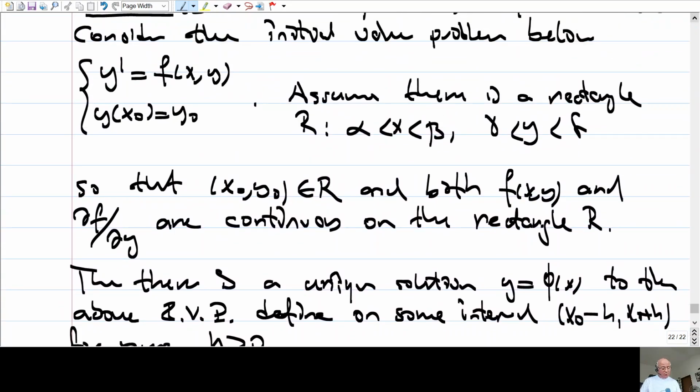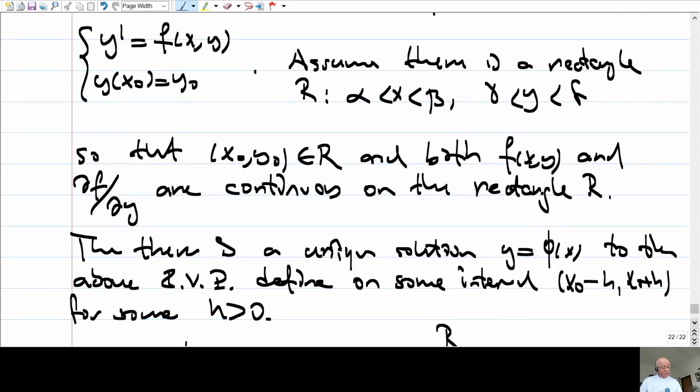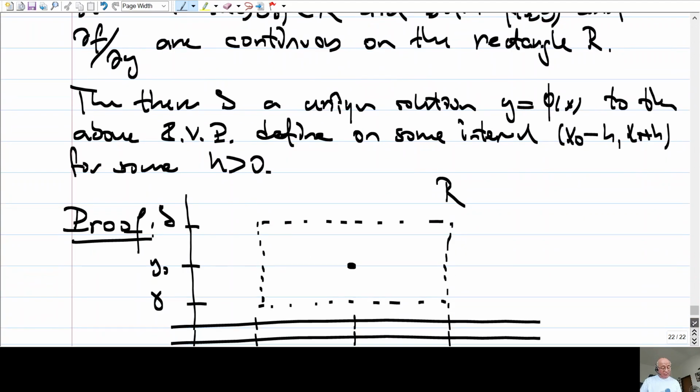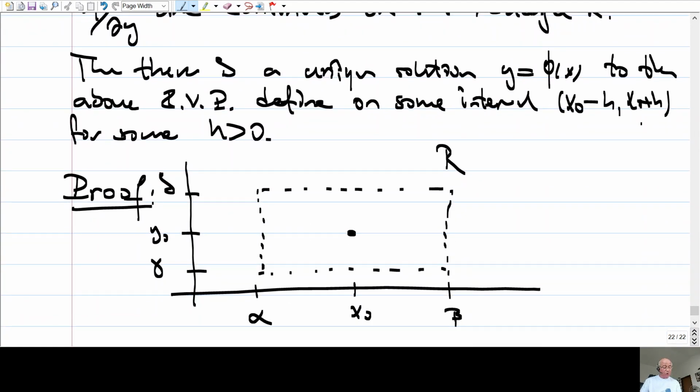So there's a function phi(x) which satisfies this equation and this initial condition, but it is defined only on some interval containing x0, and we don't have control on the size of this interval. There is some h, we don't know how big it is.